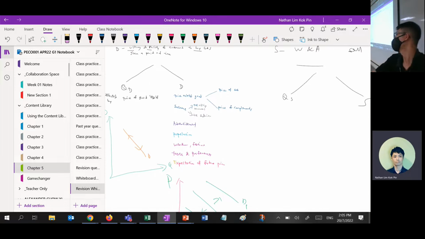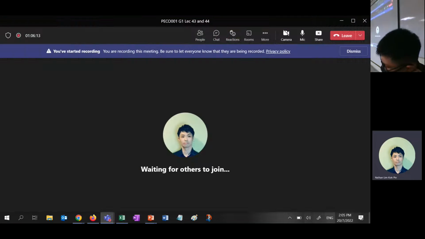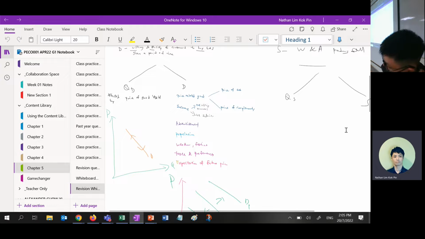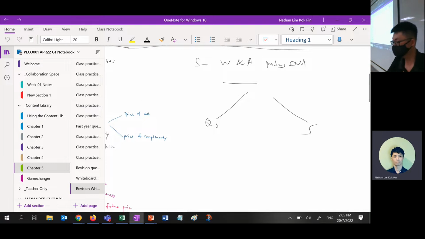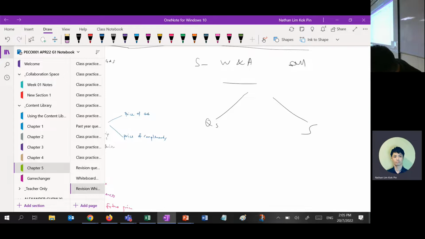I just turned off my OneNote for a while, turned it back on because I cannot erase stuff. Not convenient. Let's see whether I can erase stuff now. Better.